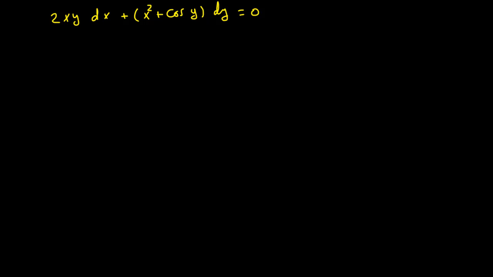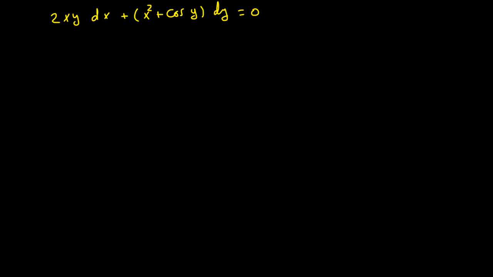We can solve the same example here by a shortcut technique, and this can be done by grouping the terms and by inspection. This really comes from the fact that the exactness of the differential equation means that this differential equation represents an exact differentiation of some function u of x and y.